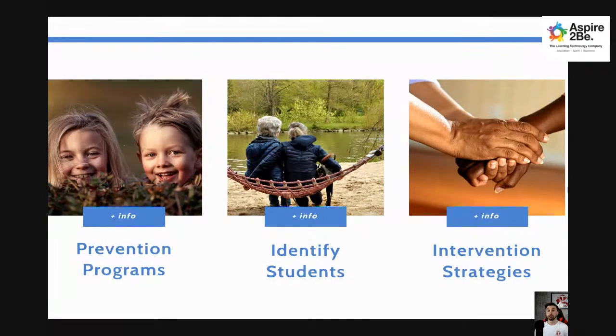If you want more, click on those and it will take you to different research. Even though we will talk a little bit about all 3, we are going to focus on prevention programs and identifying students, due to the time we have today.